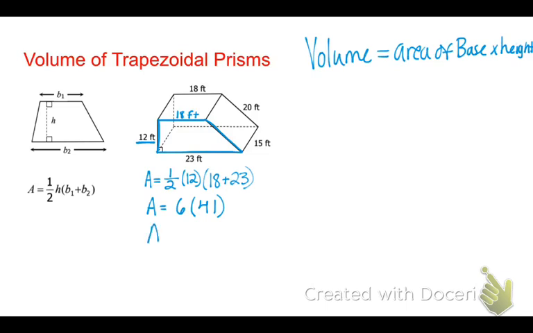So the area of my base is going to equal 246. So in order to find our volume, we're going to want to take that 246 and multiply by the height of the prism.